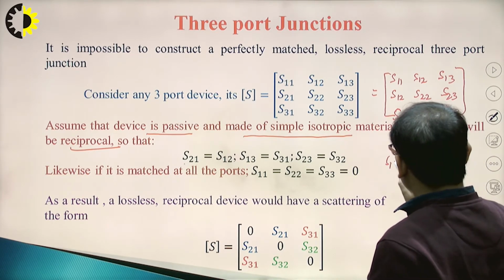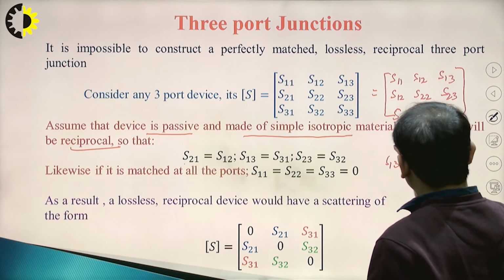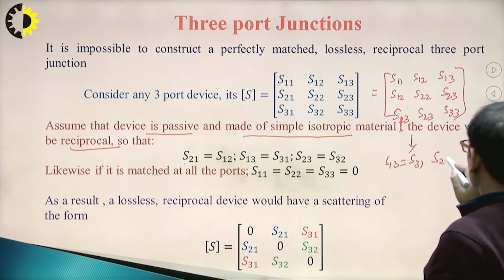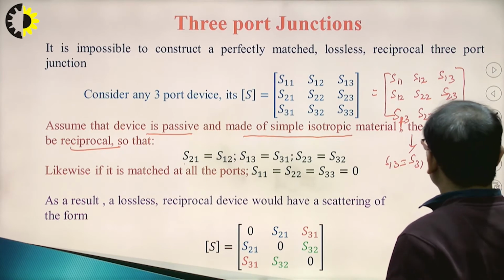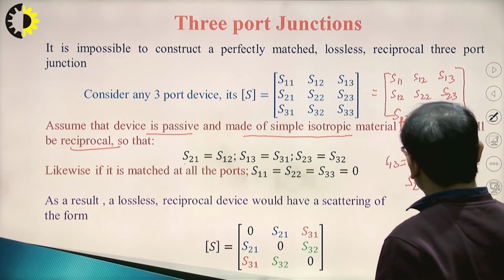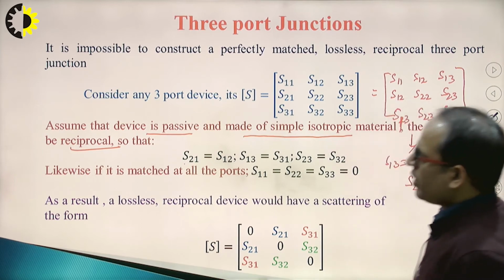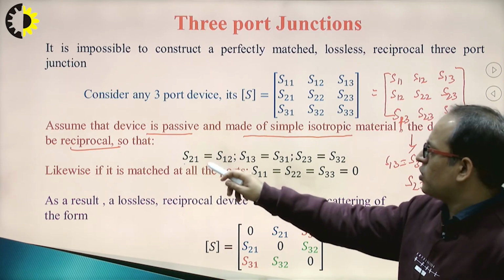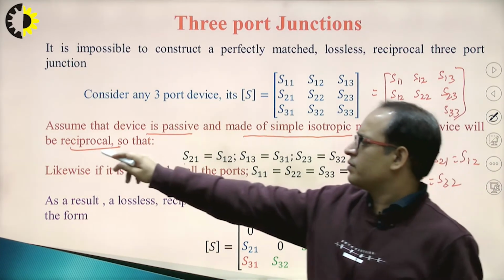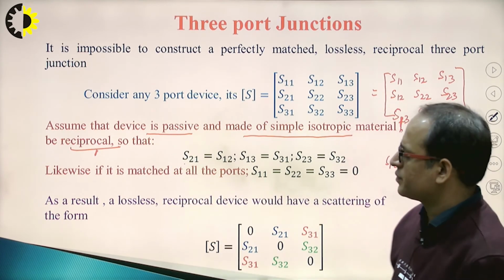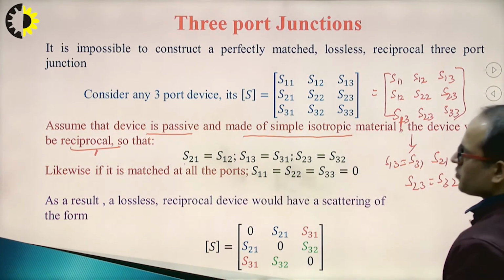Because S13 is equal to S31 and S21 is equal to S12, and S23 will be equal to S32. Clear? Now, as a result, this is all due to the reciprocal property of the S matrix.